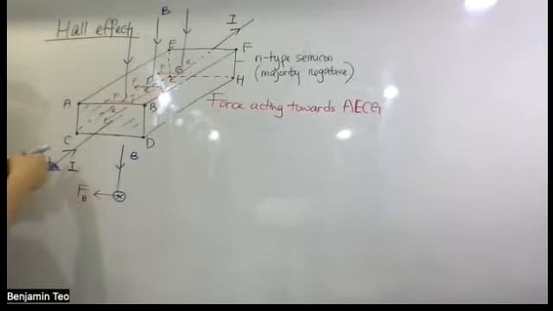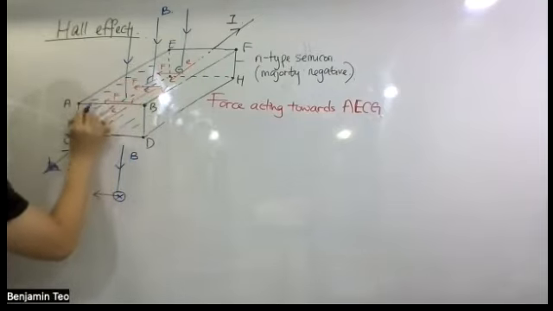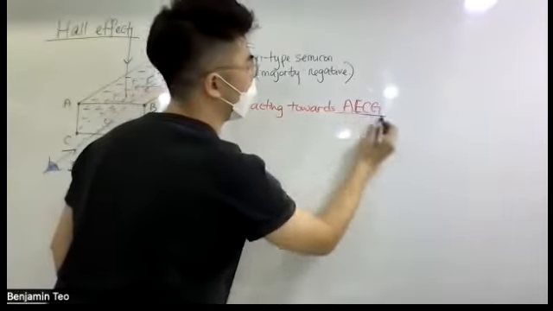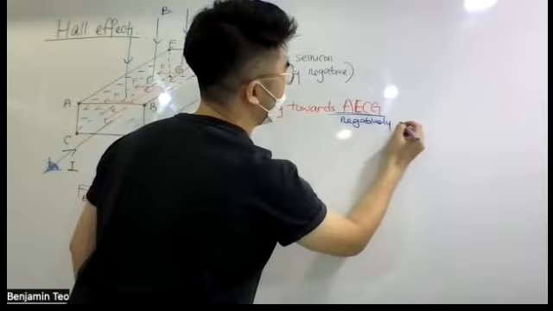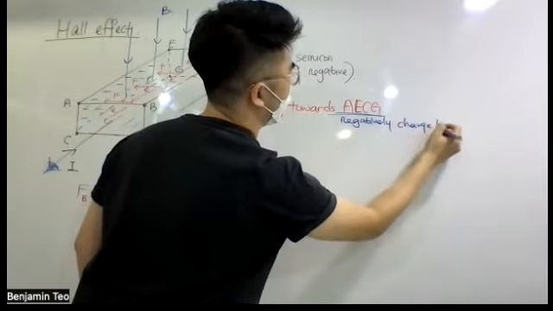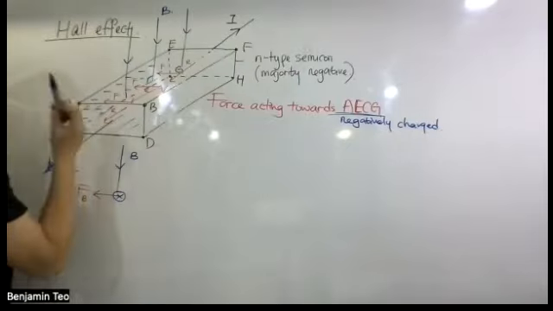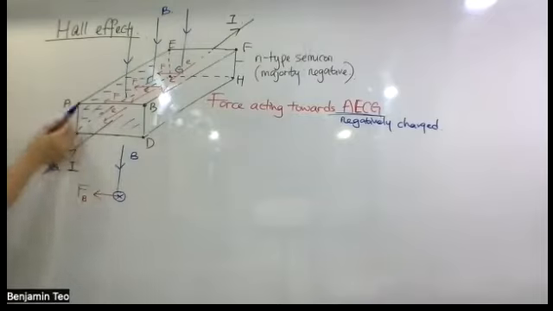So here you get negatively charged. Which side gets negatively charged? AECG, this side, negatively charged. What causes the charge to build up? It is the magnetic force that causes the charge to build up on this side.